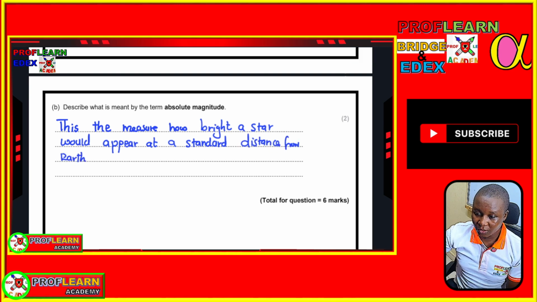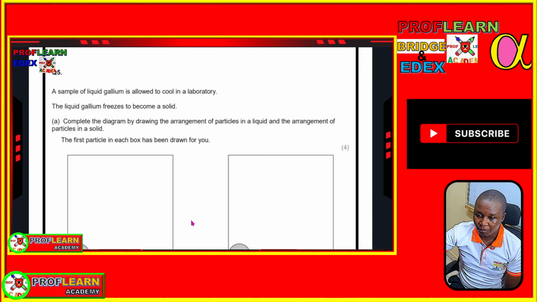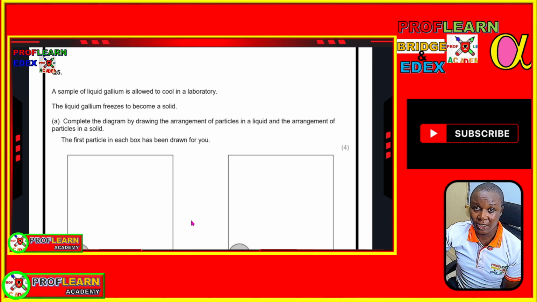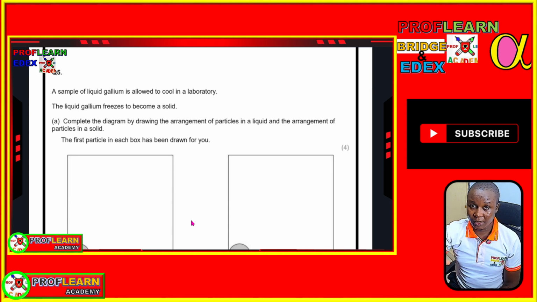So moving down to the next part, we're going to focus on the topic of matter. Of course, we know that solids, liquids and gases have different characteristics, and in these states of matter the arrangement of the particles differs.